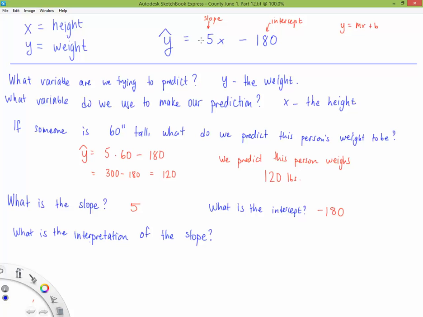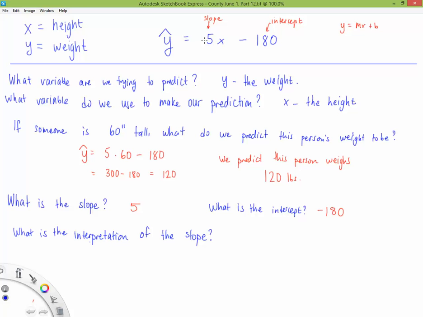So x is height, y is weight, slope is 5. If we add 1 to the height, our prediction for the weight changes by the slope. I apologize for those of you who got this a long time ago; I just want to make sure everybody's on board.